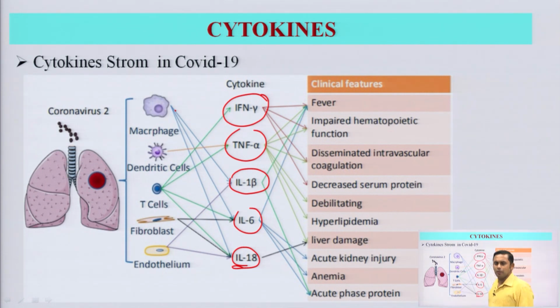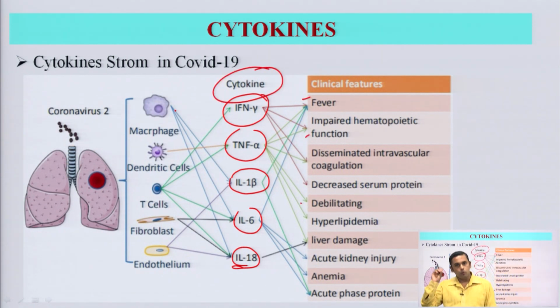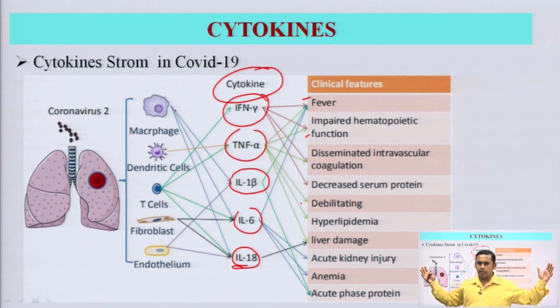There are some side effects, or other symptoms and clinical features, that we get. But cytokines are doing their work perfectly, informing the other human cells that they should come to the war zone where SARS-CoV-2 is destroying our body cells, replicating itself, and making its number very large.